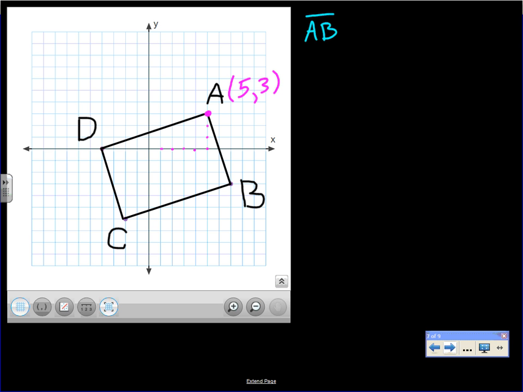The ordered pair for B is going to be 7, -3. The ordered pair for D is -4, 0. And the ordered pair for C is -2, 6.